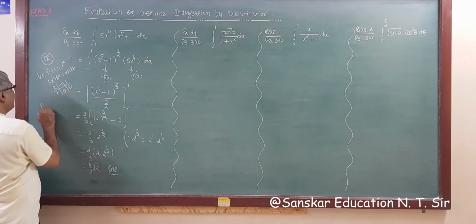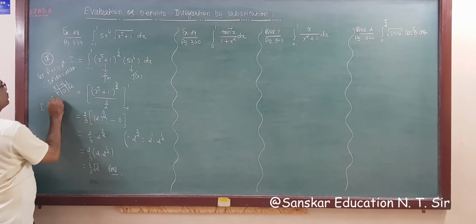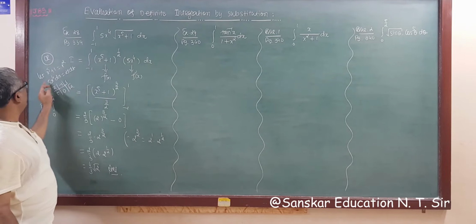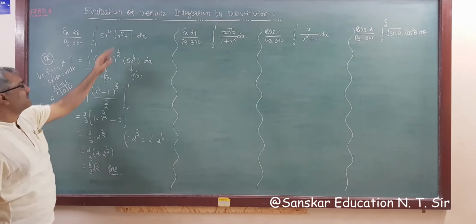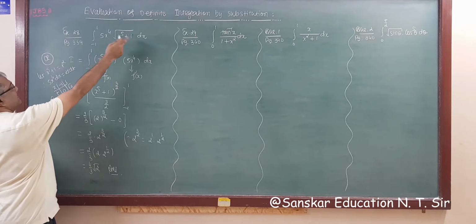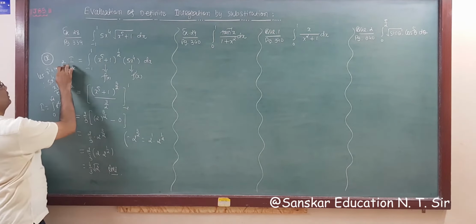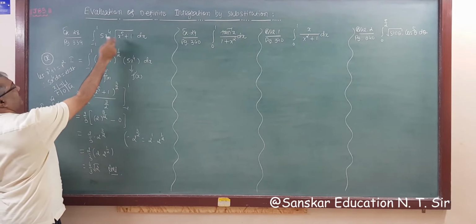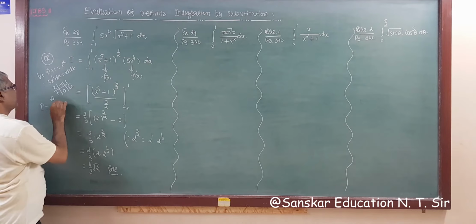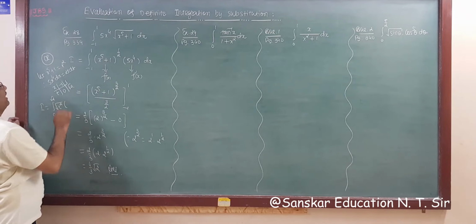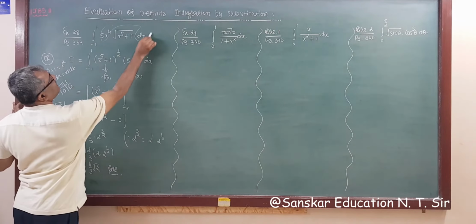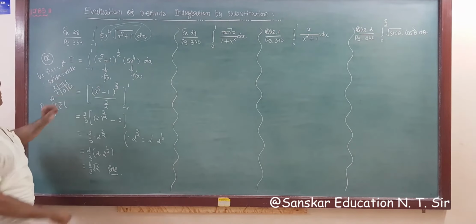So your I will be the integration from 0 to root 2 of square root of t square, and the 5x raised to 4 dx term is 2t dt.